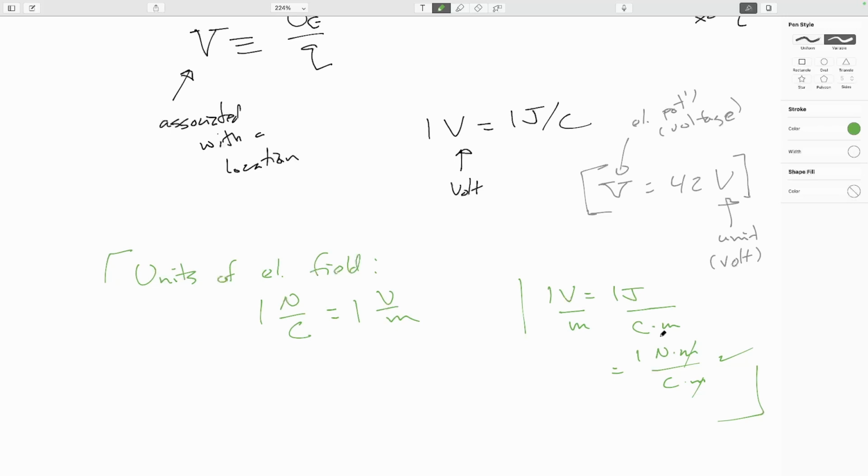You measure that voltage using a device called a voltmeter. The display reads volts, you know how far apart your probes are, so it's just natural to call it volts per meter. You'll probably hear me flip back and forth, and they are interchangeable. A Newton per coulomb is a volt per meter.